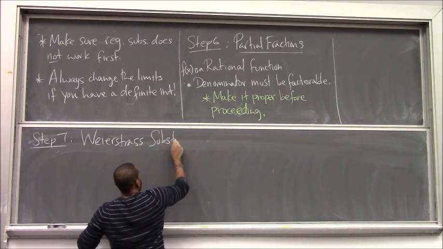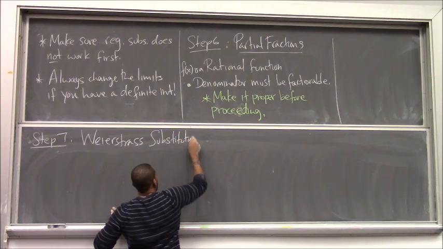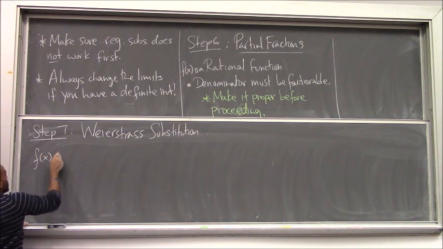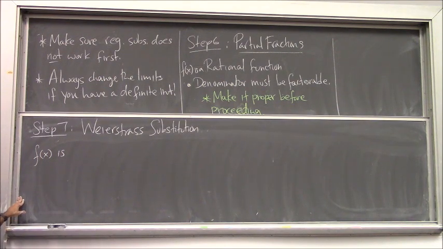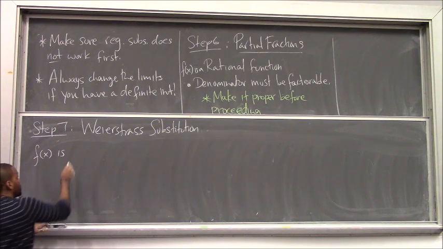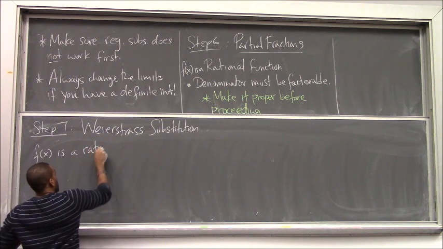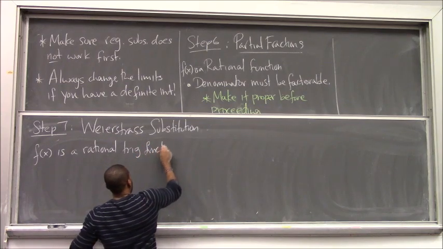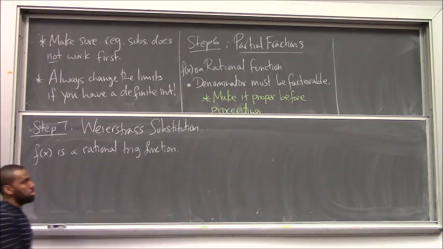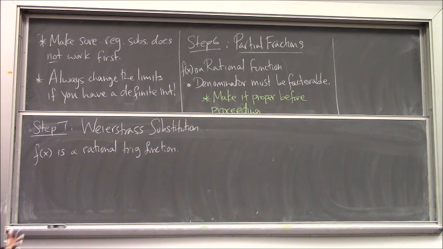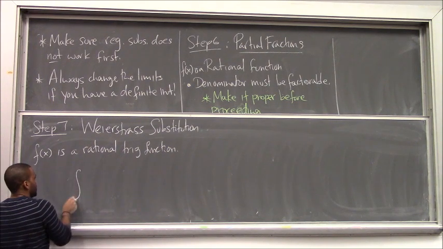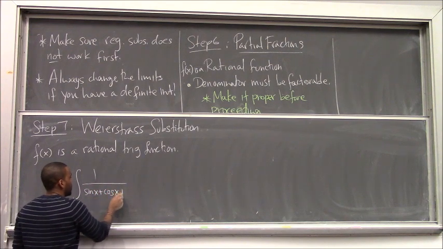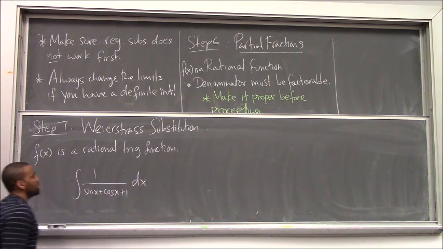So, when does the Weierstrass substitution work? f of x is a what? It's a rational trig function. And again, assuming some nice trig identity doesn't actually help you, so like the 1 over sine x plus cosine x plus 1 dx.